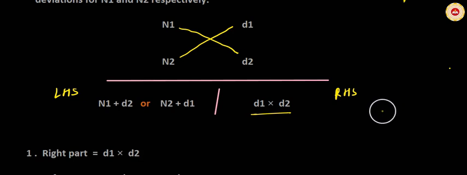See friends, if the real base we identified for the two numbers is 100, how many zeros are there in the real base 100? Two zeros. It means that we need to retain two digits in the right part.